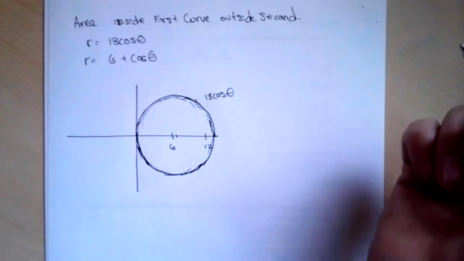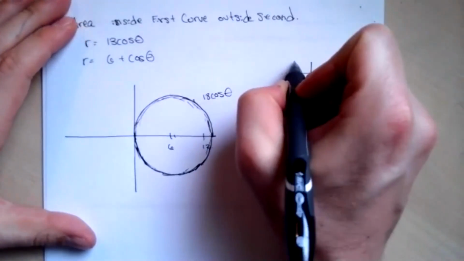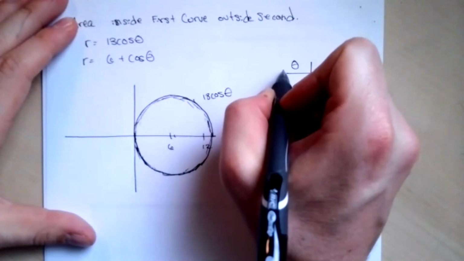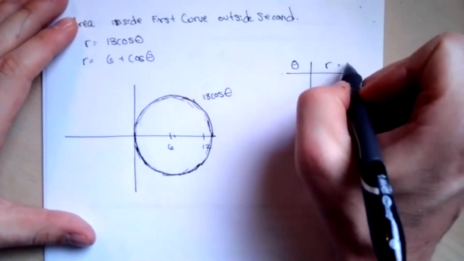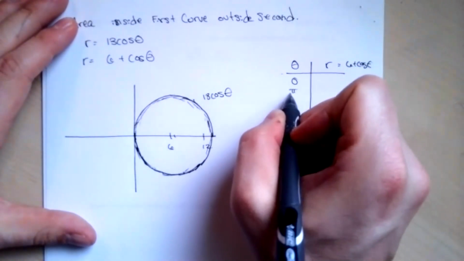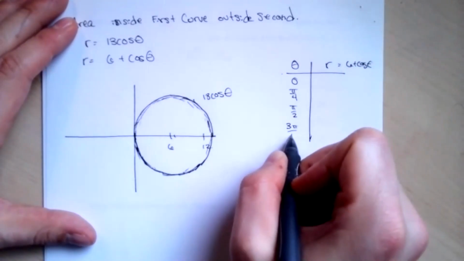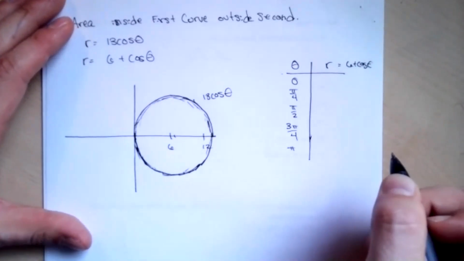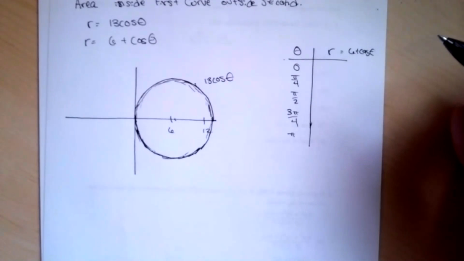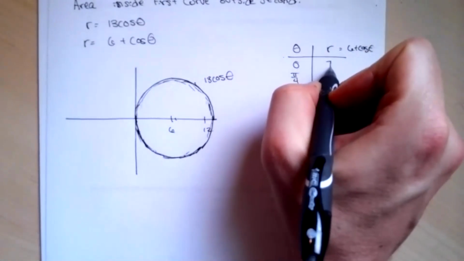Six plus cosine theta is going to be a little weird. So if we make a table, the first value is going to be 7.